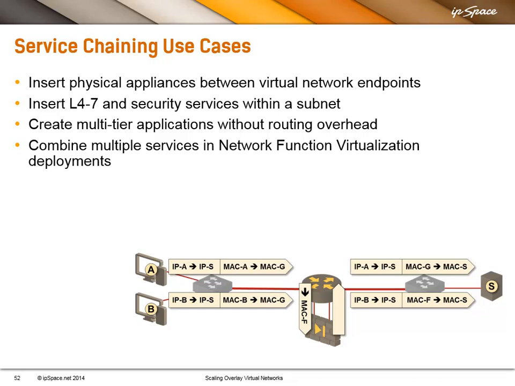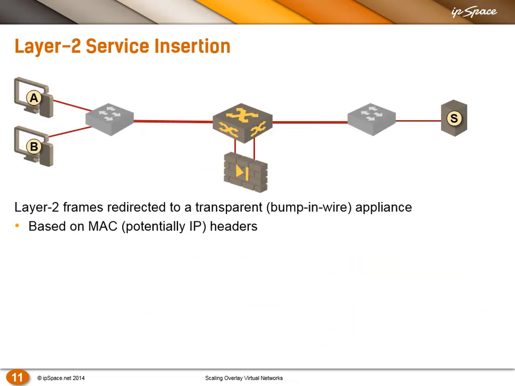Or particularly in NFV (network function virtualization) environments, you might want to combine multiple services into a single user experience. You may insert transparent or routed services in the forwarding path.